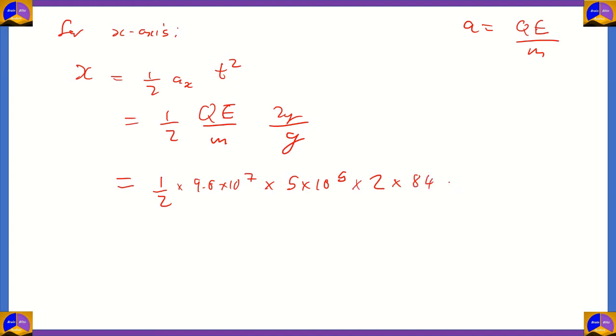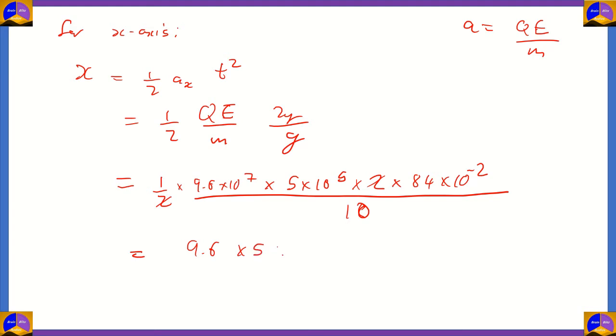So 84 centimeters, that means 84 into 10 raised to minus 2 meters. And then divided by g, where g is 10 meters per second squared, so just divide by 10. So now what we're going to get is, 2 gets cancelled out.